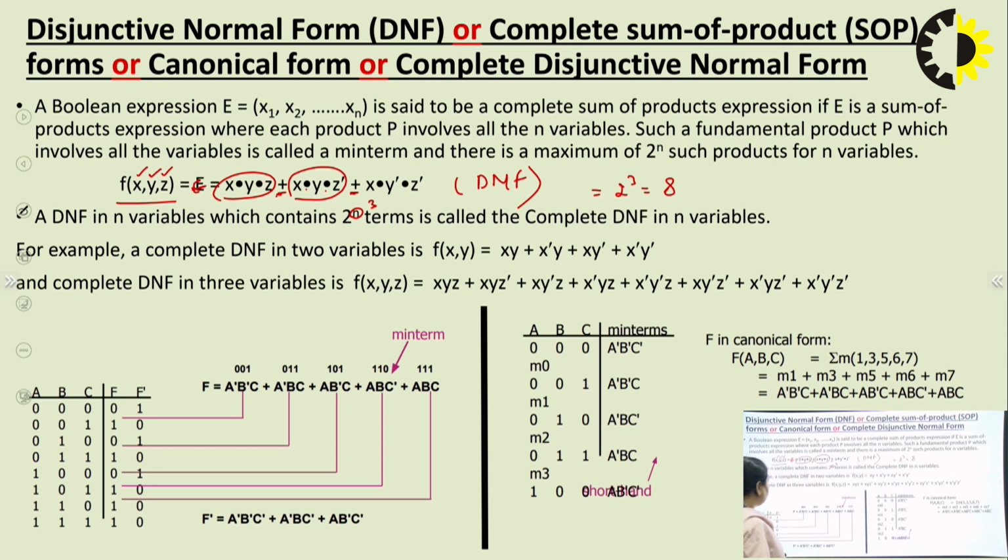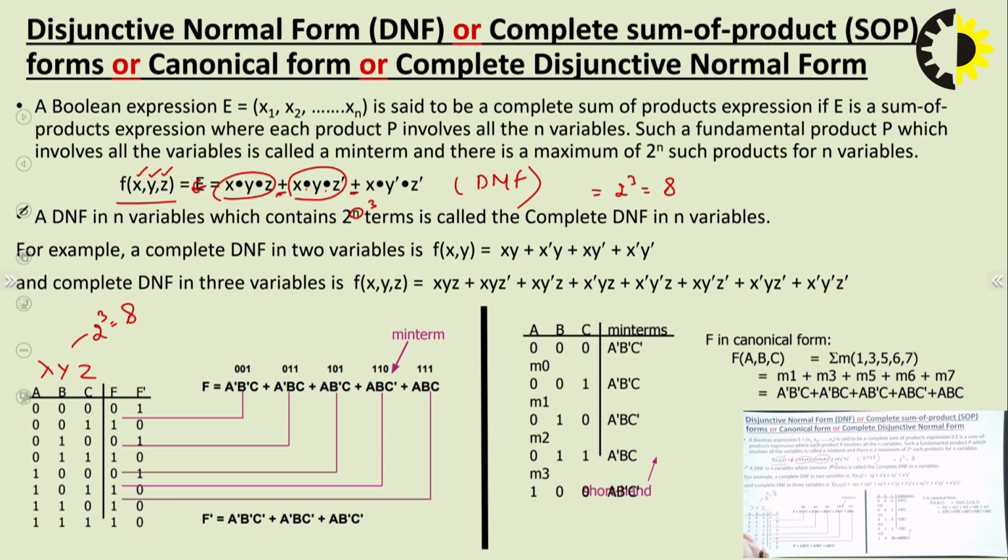How is this possible? See, A, B, C, or you can say here x, y and z. So what are the combinations here? 0 0 0, 0 0 1, 0 1 0, 0 1 1. So in total these are 2 to the power 3, that is 8 combinations.